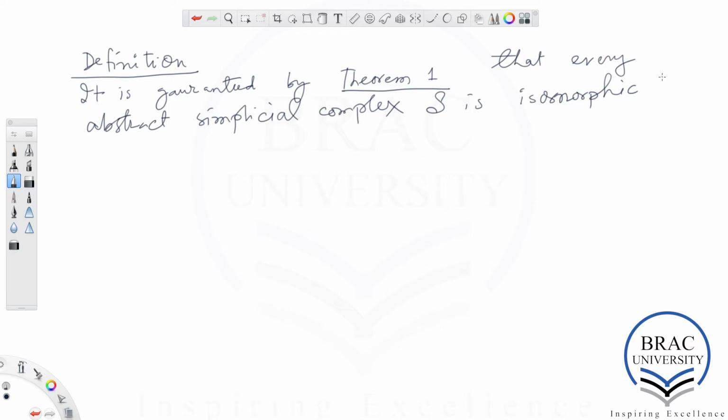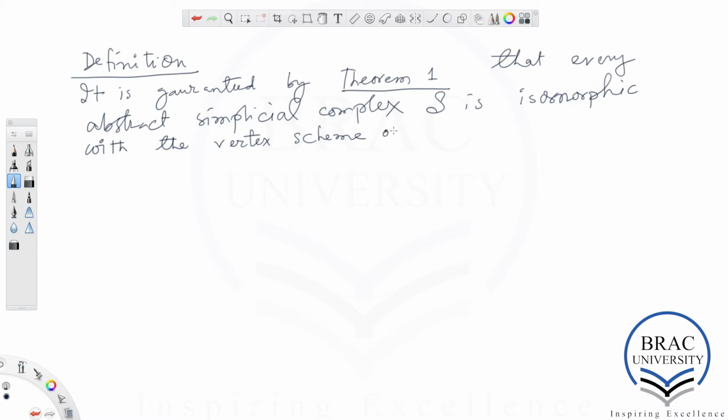So every abstract simplicial complex S is isomorphic with the vertex scheme, which is also an abstract simplicial complex.